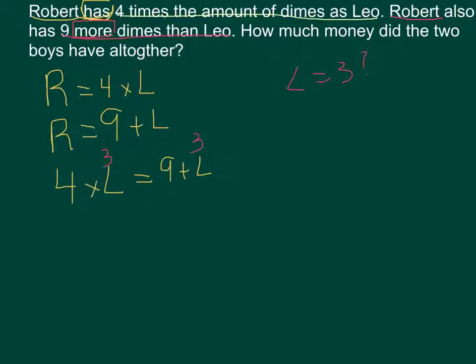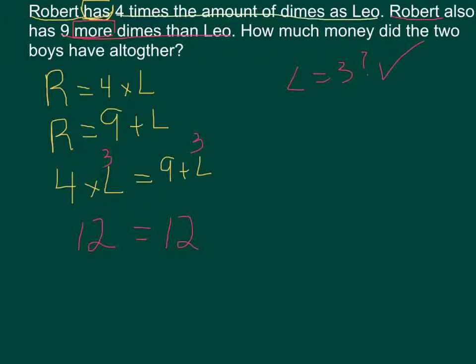Now, what is 4 times 3? 4 times 3 equals 12. Okay. What is 9 plus 3? 9, 10, 11, 12. So, does 12 equal 12? Yes, it does. So, this works.